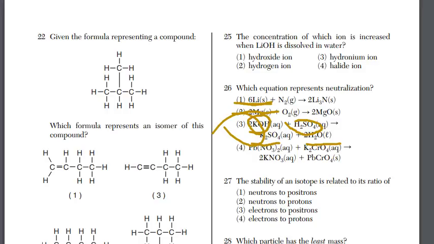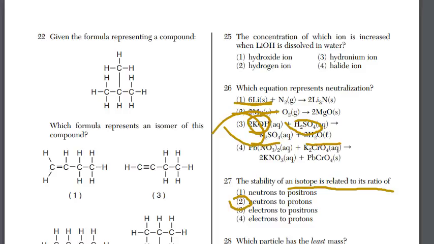For question 27, the stability of an isotope is related to its ratio of. When we're talking about stability of the inside of an atom, the nucleus, we're talking about the ratio of neutrons to protons. So in nature, most of the elements, their atoms, the nucleus will not decay.